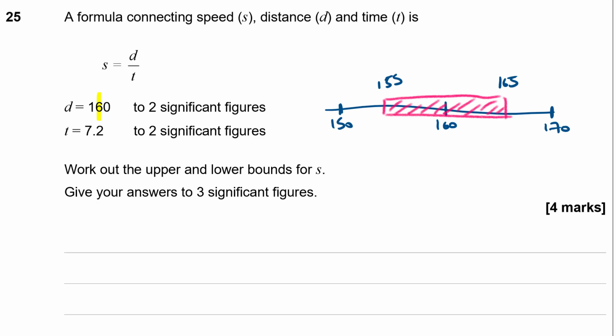Now for our second value, T has also been rounded to 2 significant figures. This time the second significant figure is that 2 there. It's 1/10 or 1 decimal place.